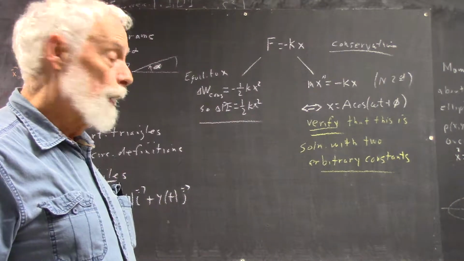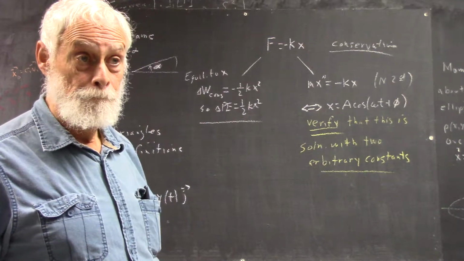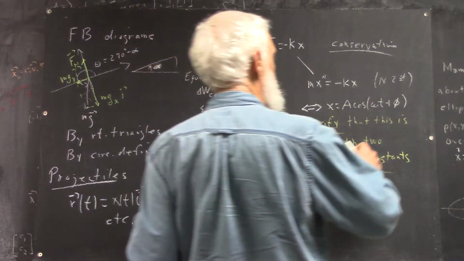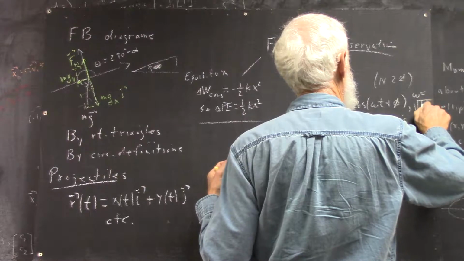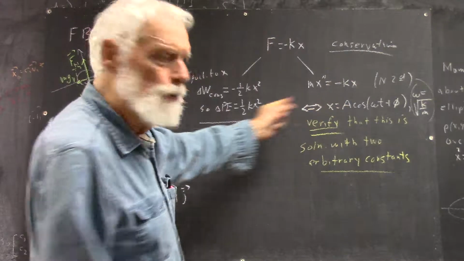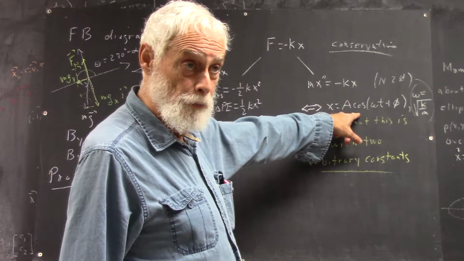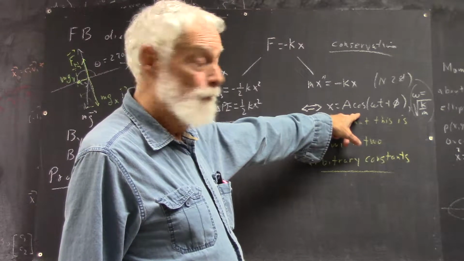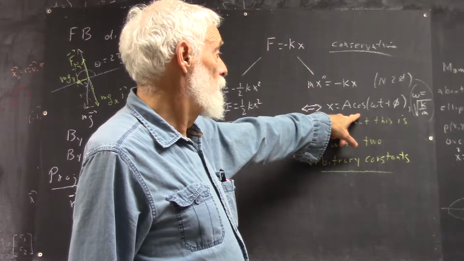Now the easy part is it has two arbitrary constants, and you told me what those were, phi and A, right? And I guess the other thing we should say is the thing that people keep never remembering. This is it, okay? How do you verify this now? How do you verify that this is a solution? Well, if t equals 0, do what? If you let t equals 0, you can find phi.